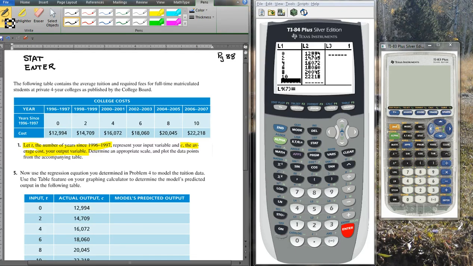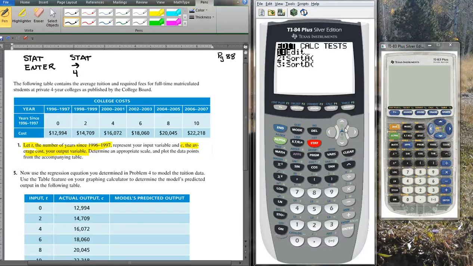So now we're going to have the calculator perform its function in finding that equation of best fit. So Stat, right arrow, and the number 4, because 4 represents linear regression. When we do quadratic and exponential, that number will change.